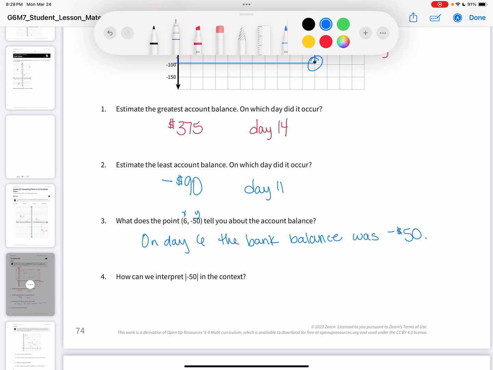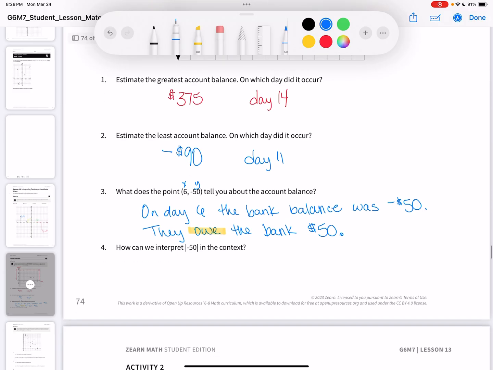Or we could also say they borrowed from the bank and they owe the bank $50. And your key word there is owe. They don't have the $50. They had to borrow it, so they owe the $50.